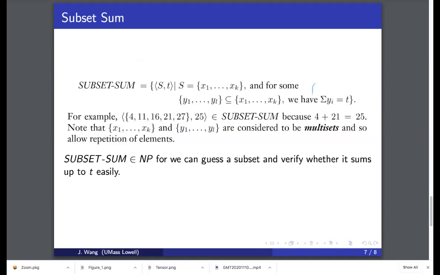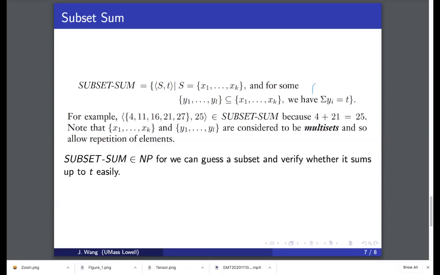Next we're going to see another problem, which is called subset sum. What you are given is a set of numbers, call it x1 up to xk, and you are also given another number t. So a set of numbers and a particular integer t, and you want to know whether there is a subset of S such that you add the numbers in that subset up, and that's equal to t. That is called subset sum.